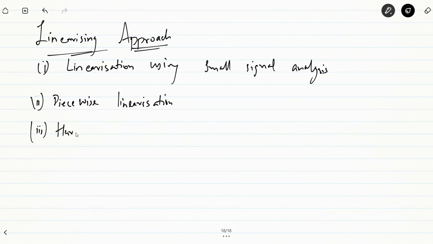And third one will be a frequency response based method, that is harmonic linearization.